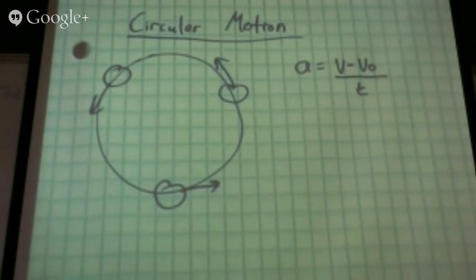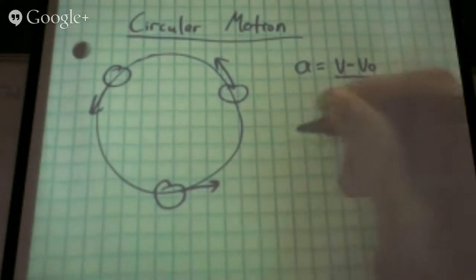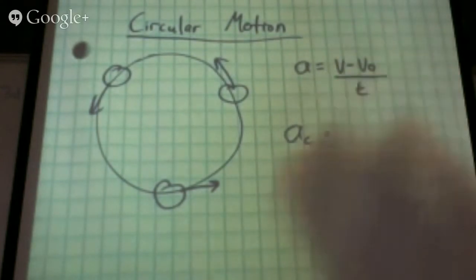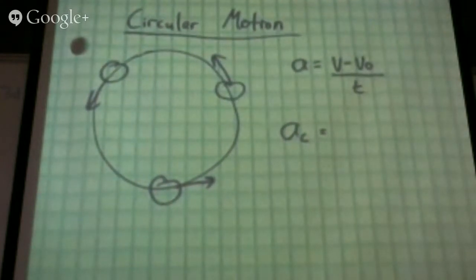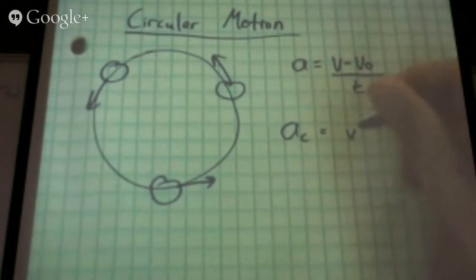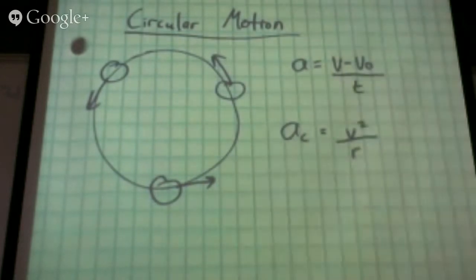Luckily, somebody else has done this very clever geometry for us and figured out that we can calculate acceleration toward the center of the circle. We give it a subscript c for circular or centripetal, which really means center-seeking acceleration, and it is equal to the speed squared divided by the radius of the circle.